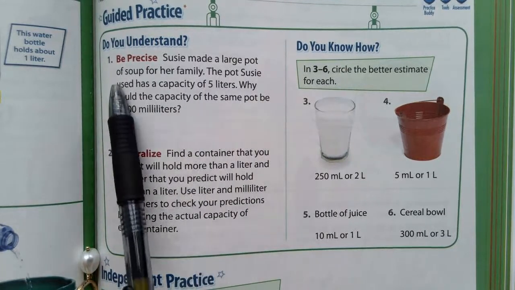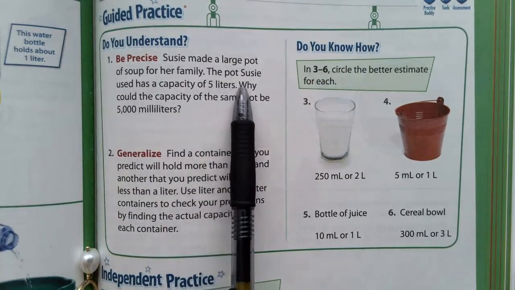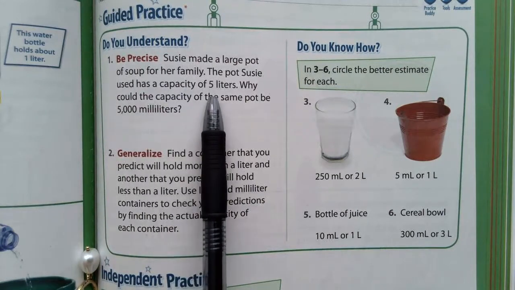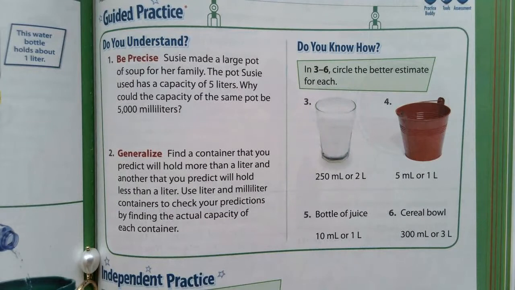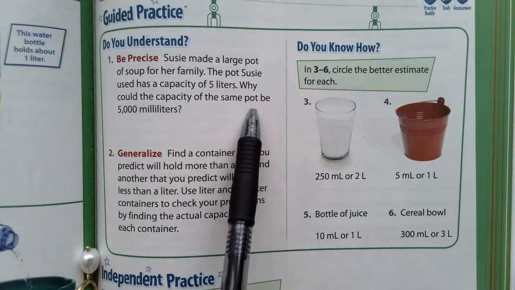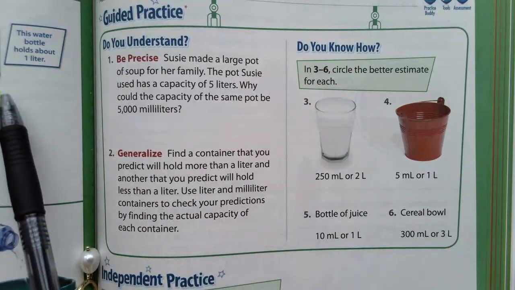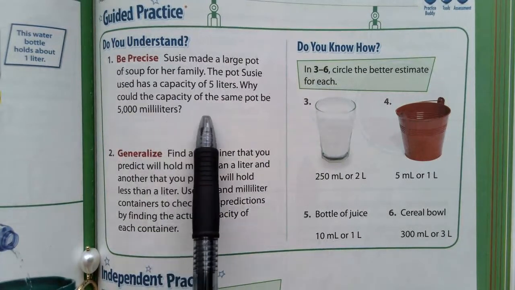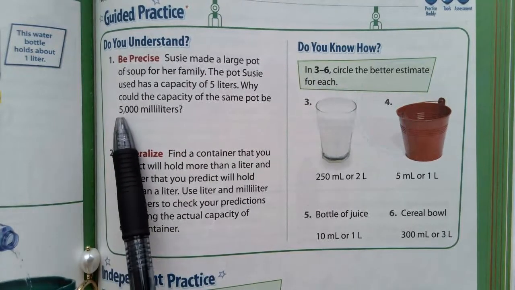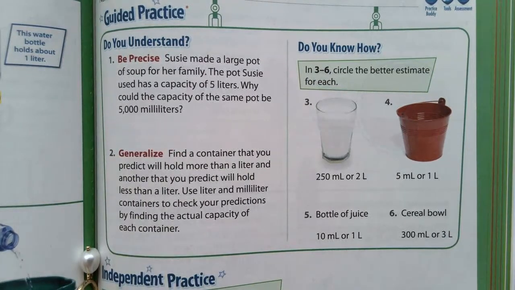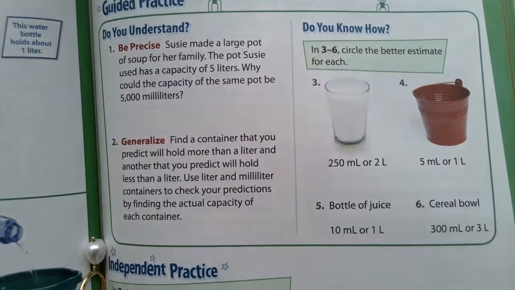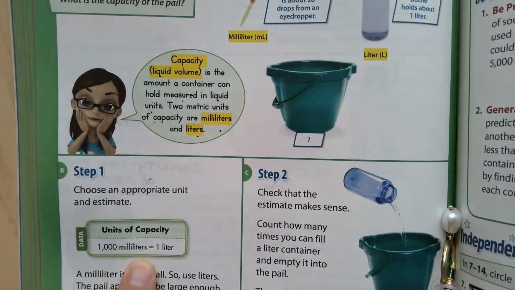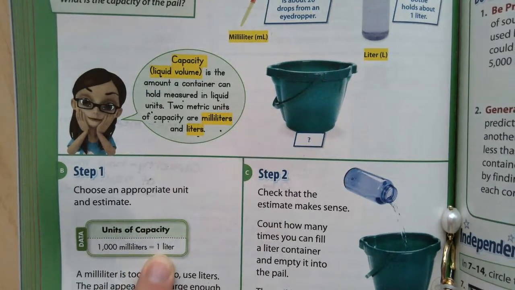Susie made a large pot of soup for her family. The pot Susie used has a capacity of 5 liters. That's how much liquid it can hold. So I want you to think of 5 of those big water bottles. Could the capacity of the same pot be 5,000 milliliters? Well, yes, because down here we learned that 1,000 milliliters is equal to 1 liter.